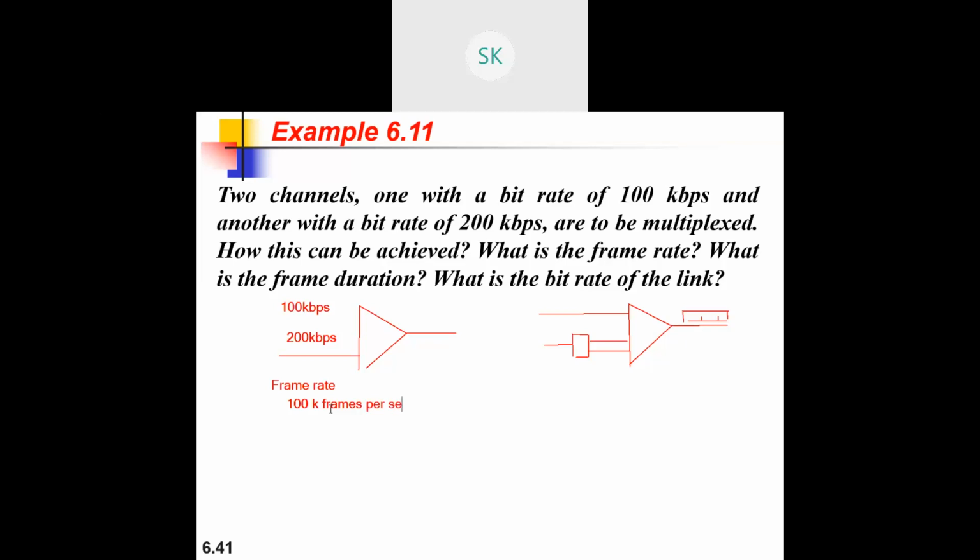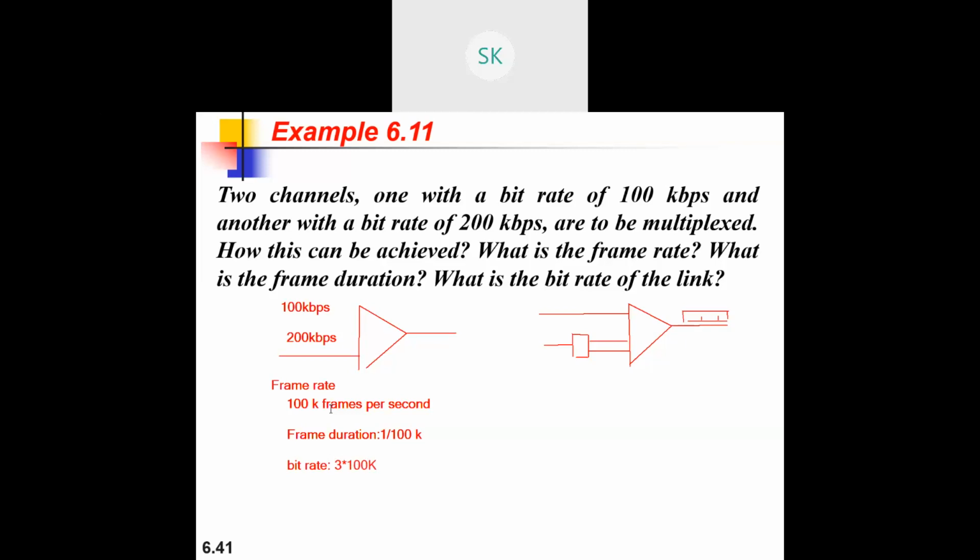What will be the frame rate? Three bits will be there in one frame.